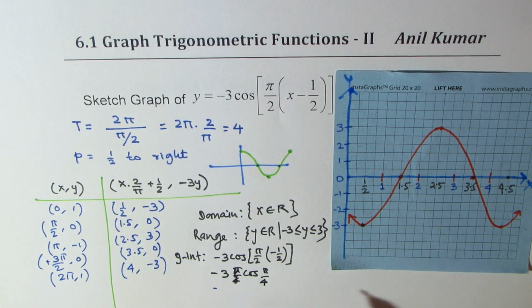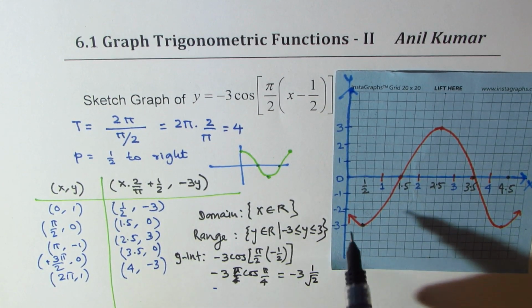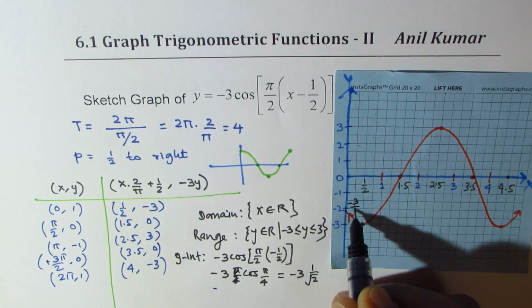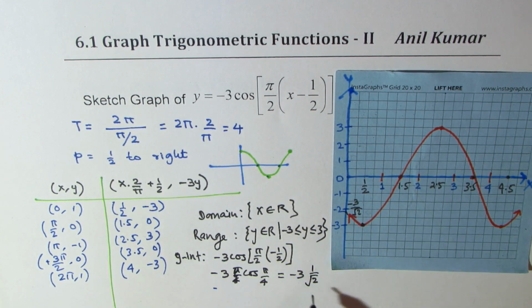So you can calculate this value as 1 over square root 2, right? Which is -3 times 1 over square root 2. So the y-intercept will be -3 over square root 2, correct? So if required, you can find that. We'll not do these calculations in this video, but we'll just sketch, okay? Let's move on and take up the next question now.